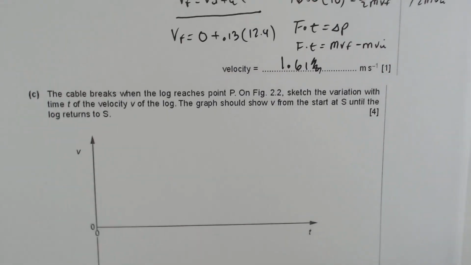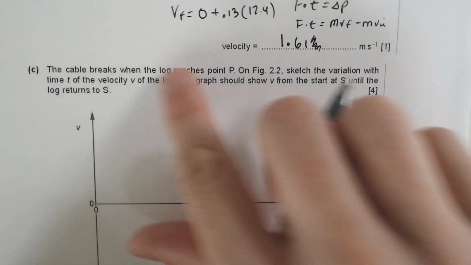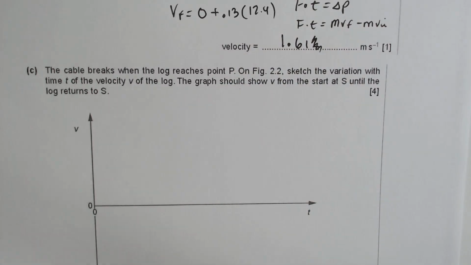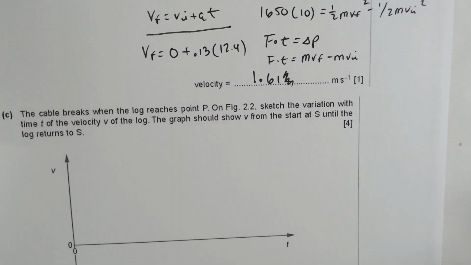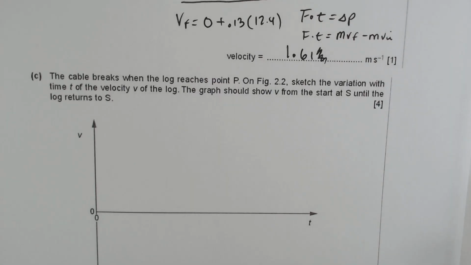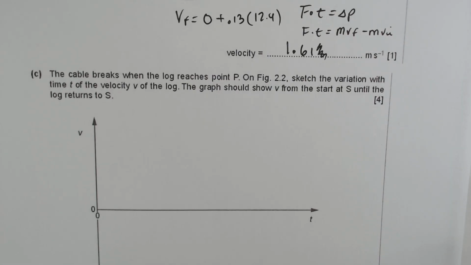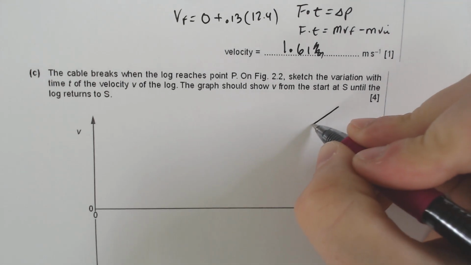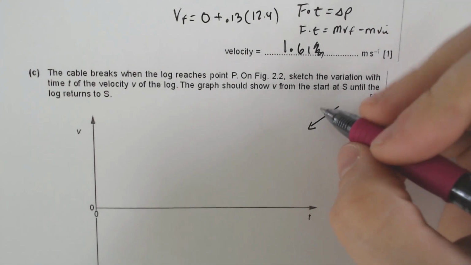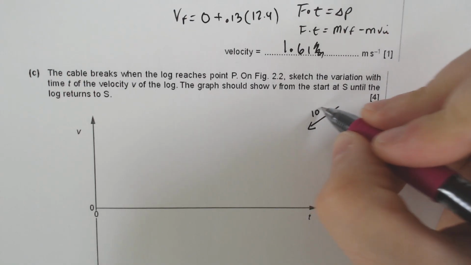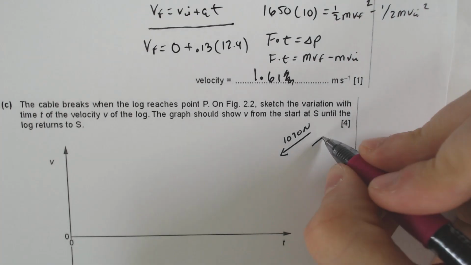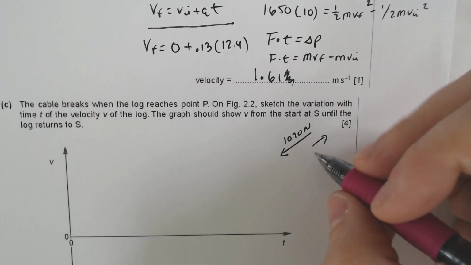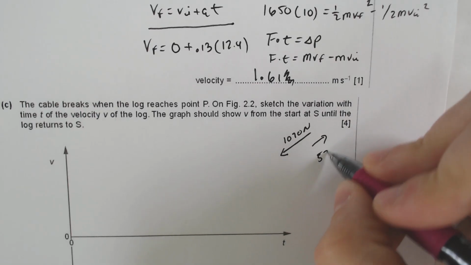All right. The cable breaks when the log reaches point P, which, oh man, that's sad news. So the cable broke, and it's going to go back down. Sketch the variation of velocity versus time of the log. When it breaks, the log is going to go back with a force that was given in number 1 of 1070 newtons minus the force due to friction, which would be 525.